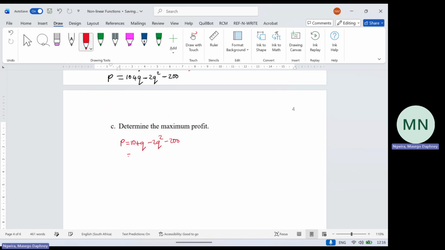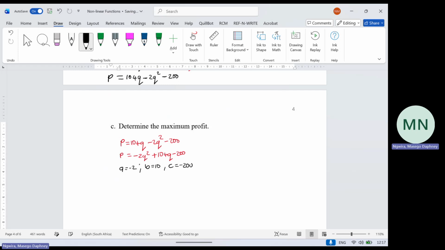I'm going to write this in the quadratic order, starting with the one with 2Q squared, then plus 104 because 104 is positive, and then minus 200. Remember the turning point, you need the A, B, C. So my A is -2, my B is 104, and then my C will be -200.